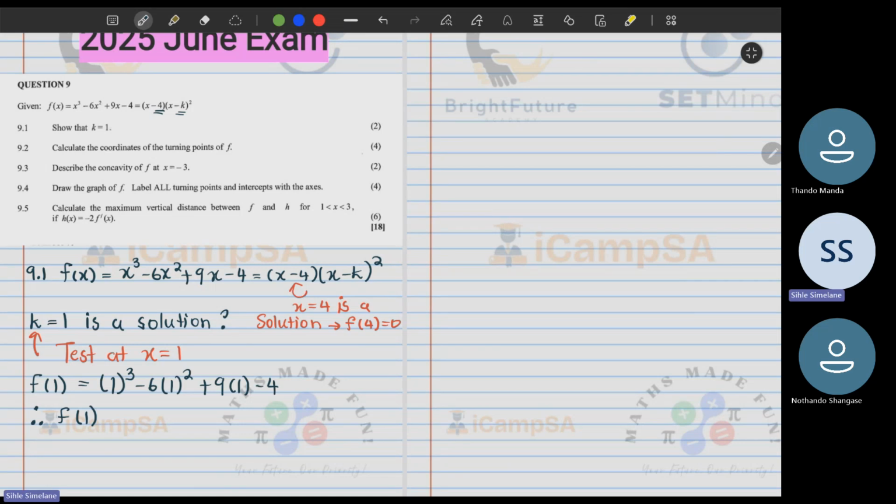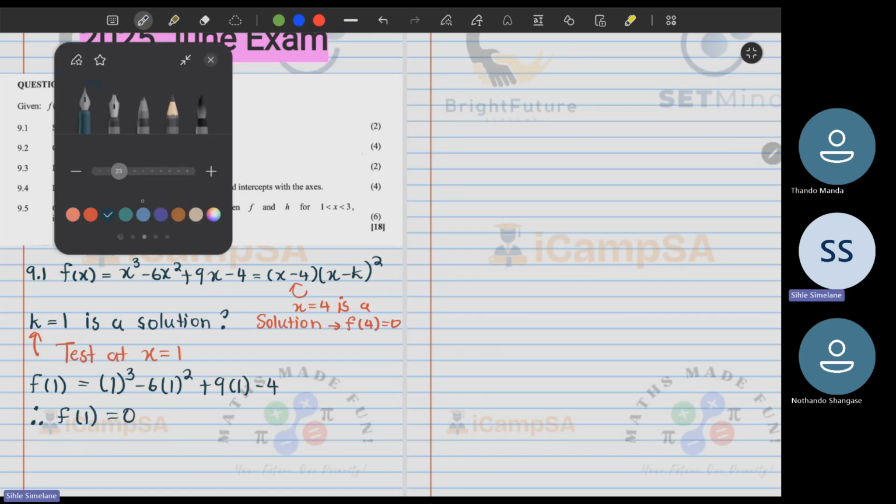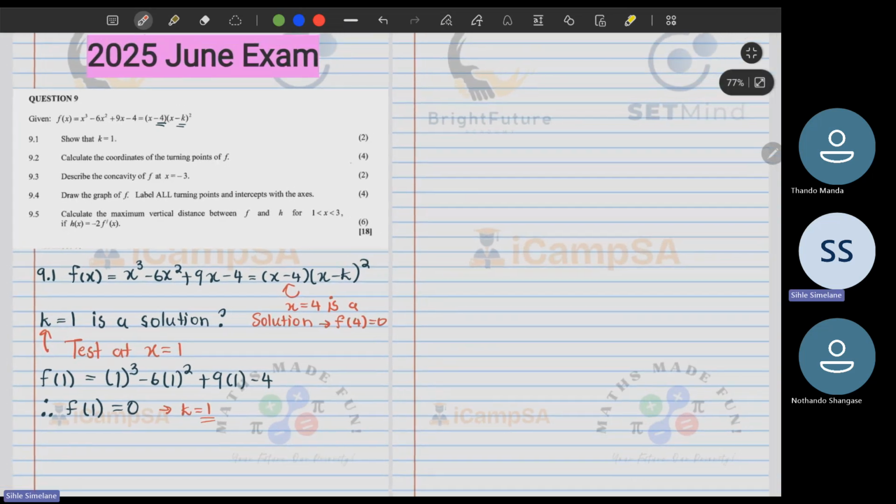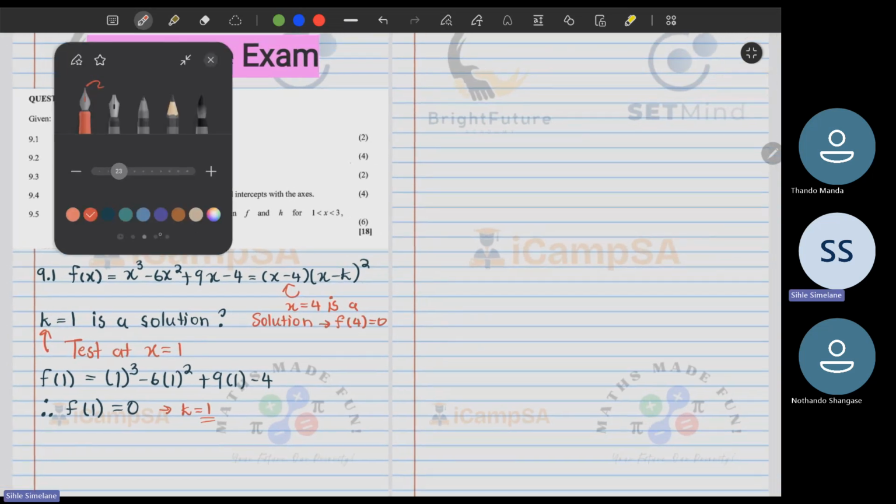Just punch it in your calculator quickly. We're getting what? 0. So it comes to 0, so we can therefore say that our k is equal to 1. Okay, it's a solution. Now let's go ahead and have a look at 9.2.